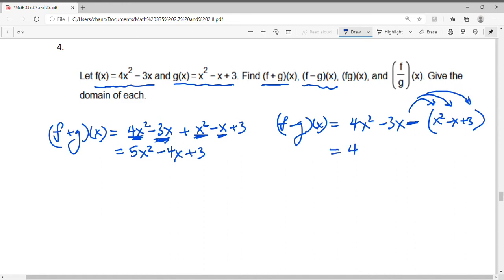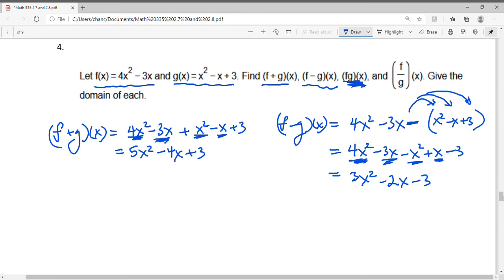This simplifies to 4x squared minus 3x minus x squared plus x minus 3. We can simplify 4x squared minus x squared is 3x squared. Negative 3x plus x is negative 2x, and we'll bring down the negative 3.